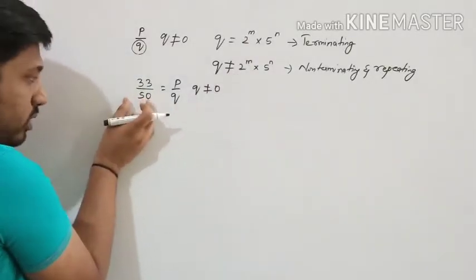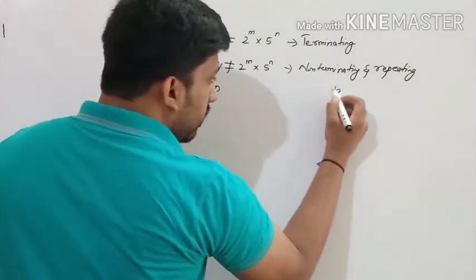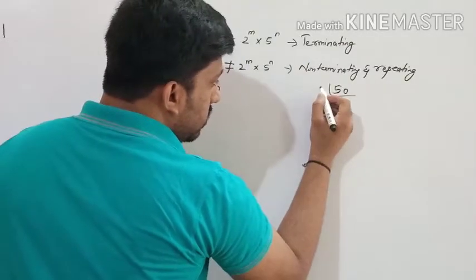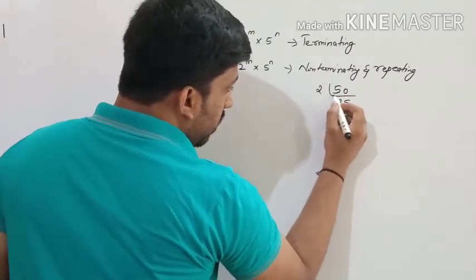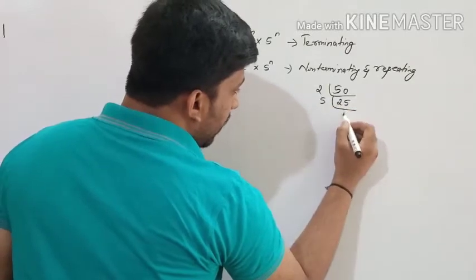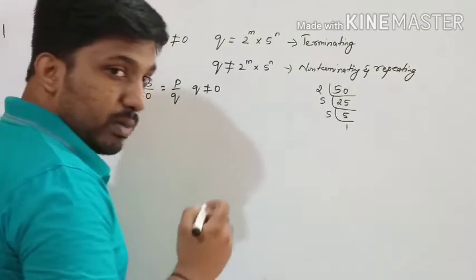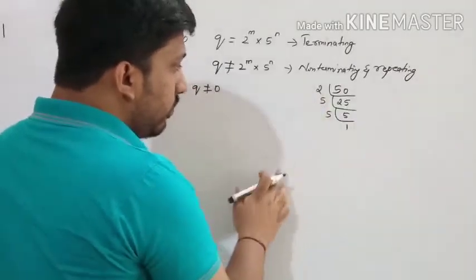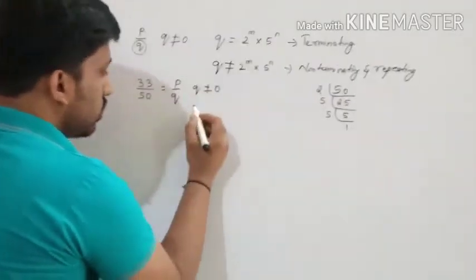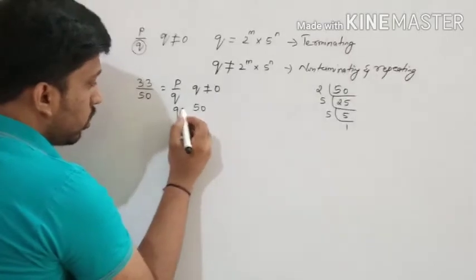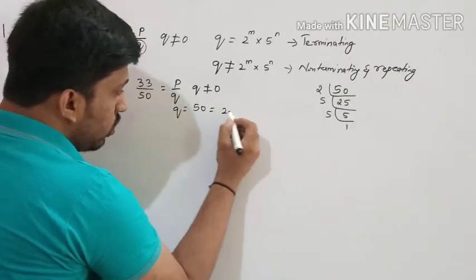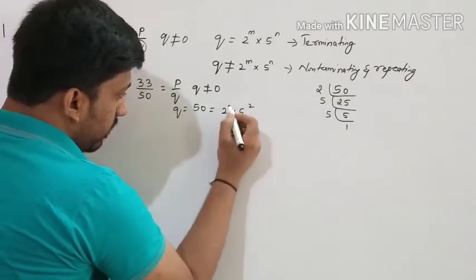I am going to take q, that is the denominator, 50. Now I am going to divide this. 2 25s are 50 and 5 5s are 25, 5 1s are 5. Now I used the fundamental theorem of arithmetic and I divided 50. I got all the prime numbers. So 50 or q is equal to 2 into 5 square.